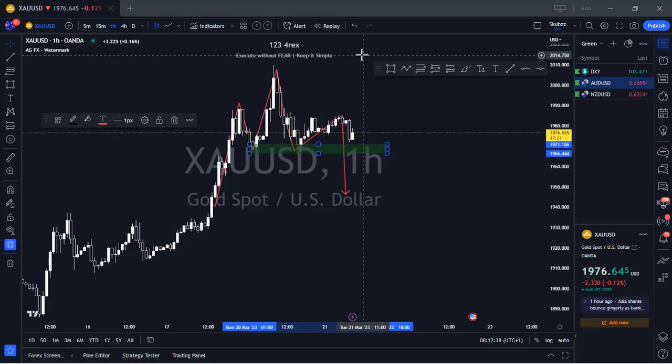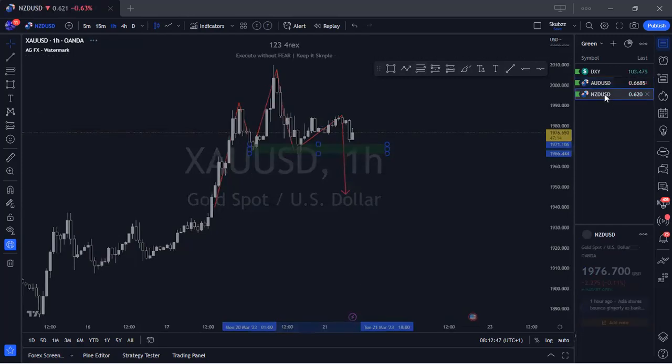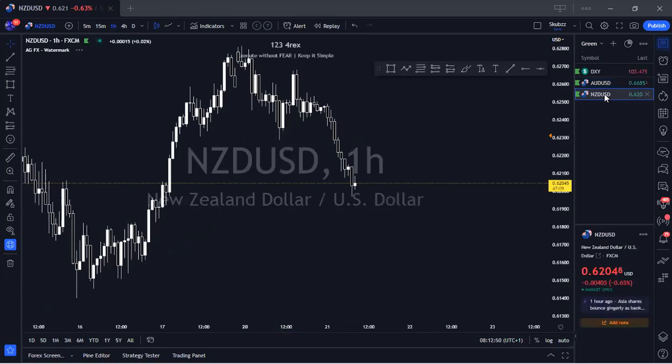Please, for those that came late, I'll be sending the video to the group so you guys can take a look at it and see the setups we have. Basically, it's just NZDUSD and GU that have potential setups. So for now, it's just sit back and wait for price to get into our zone.